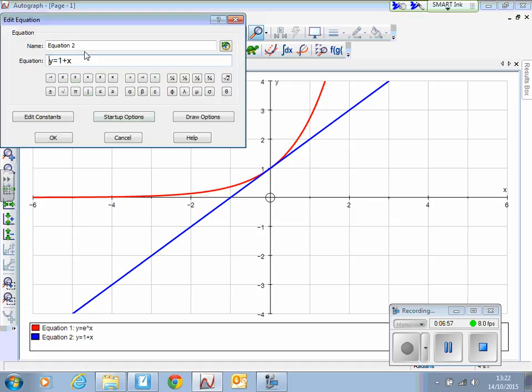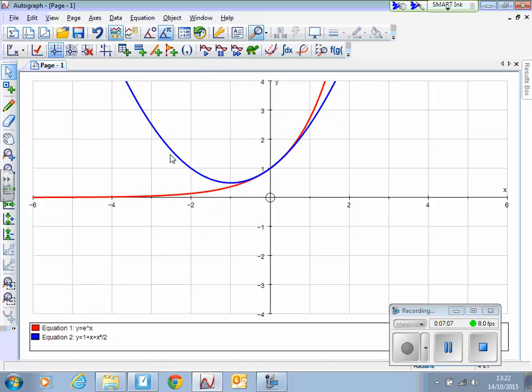Now when I add x squared, the next term, over 2 factorial, or just 2, we get this, and you can see it follows the e to the x curve a bit more either side of the value of x equals 0, which is where we're considering it.